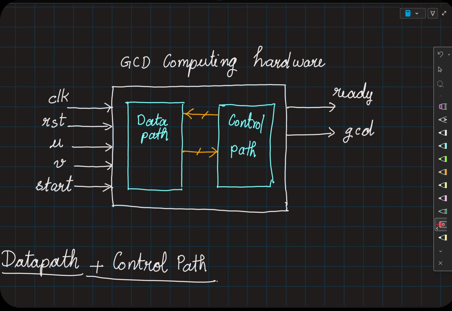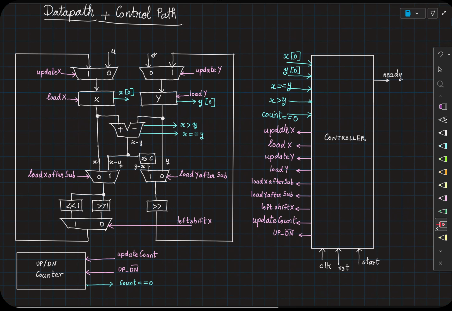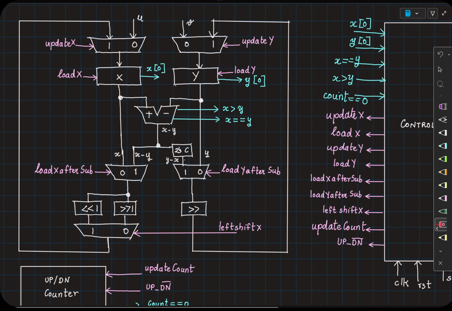Okay? And we went through how to construct this data path in the previous class, and we have constructed the data path like this. Okay, so now there were a lot of nice suggestions as we were building the system.